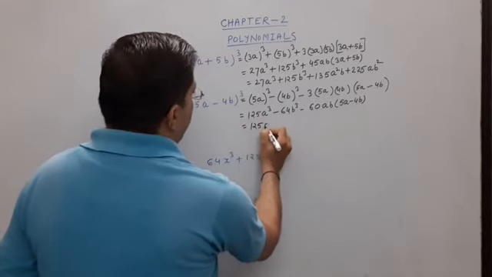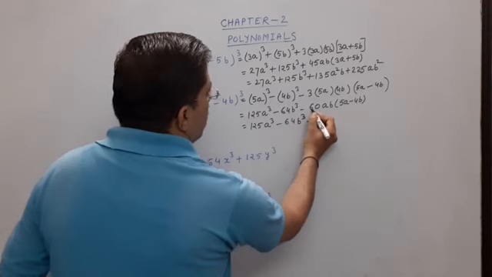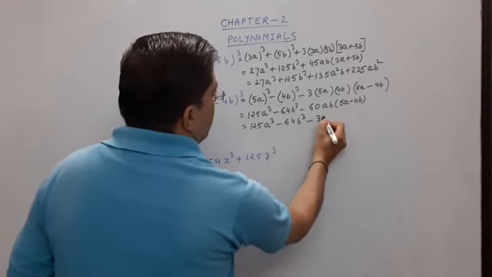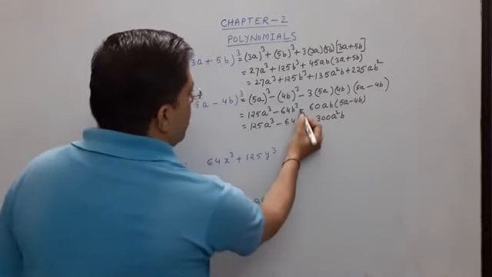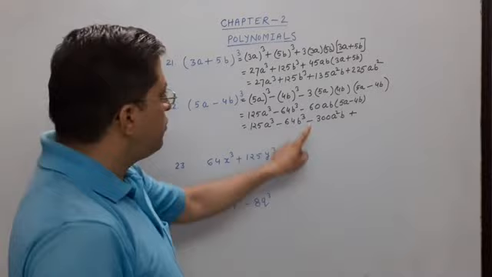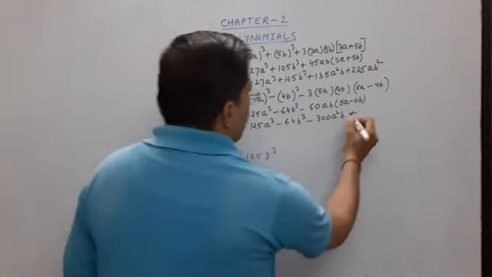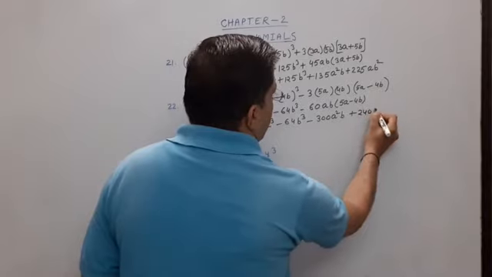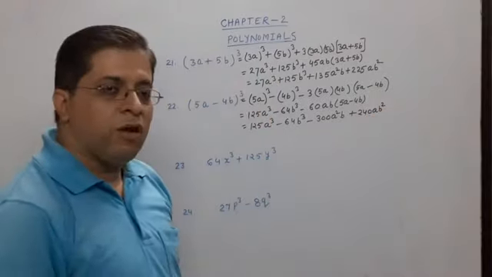Simplified, 125a cube minus 64b cube. 60 into 5, that is 300a square b. Here is minus, minus times minus is plus, 60 into 4, that is 240ab square. Okay, like this we have to solve.